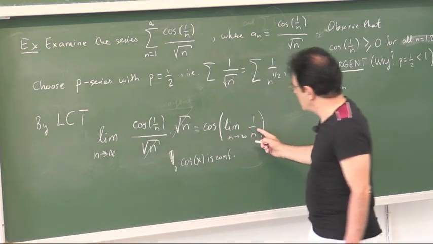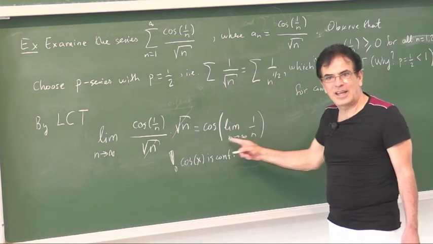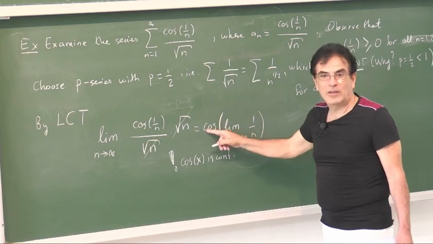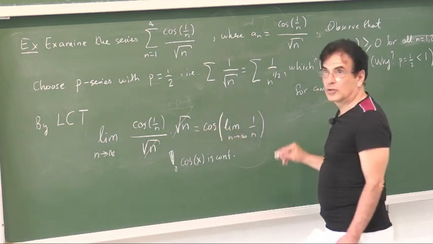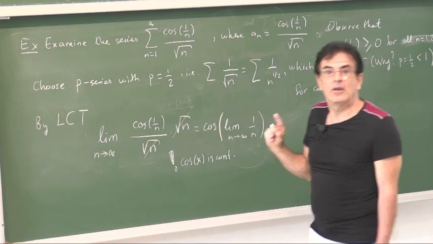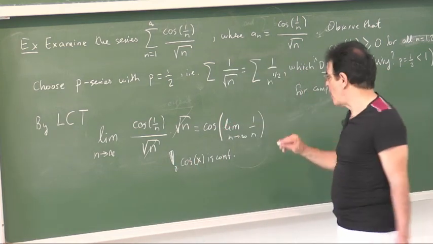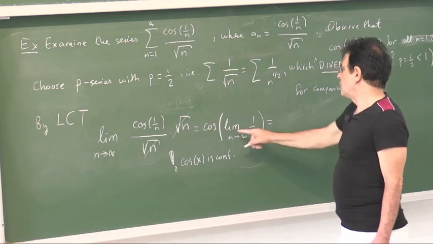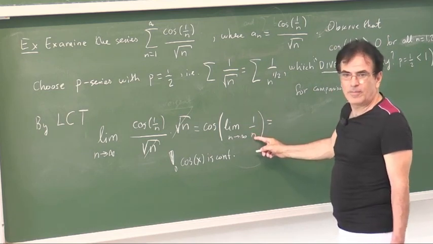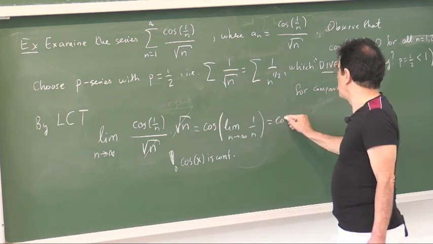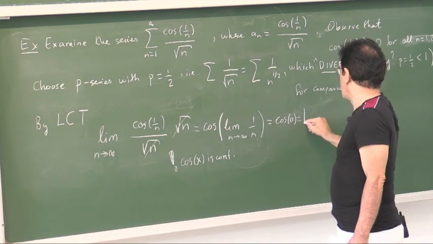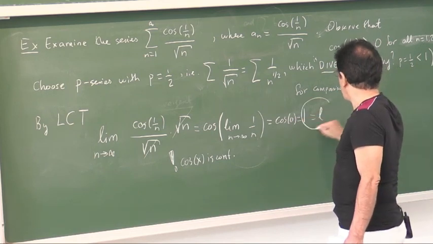You can take the argument first and then evaluate the function. This is the continuous function theorem for limits, a property you have to know from calculus 1. So this limit is clearly 0, and cos 0 is 1. So L is 1, a finite number.